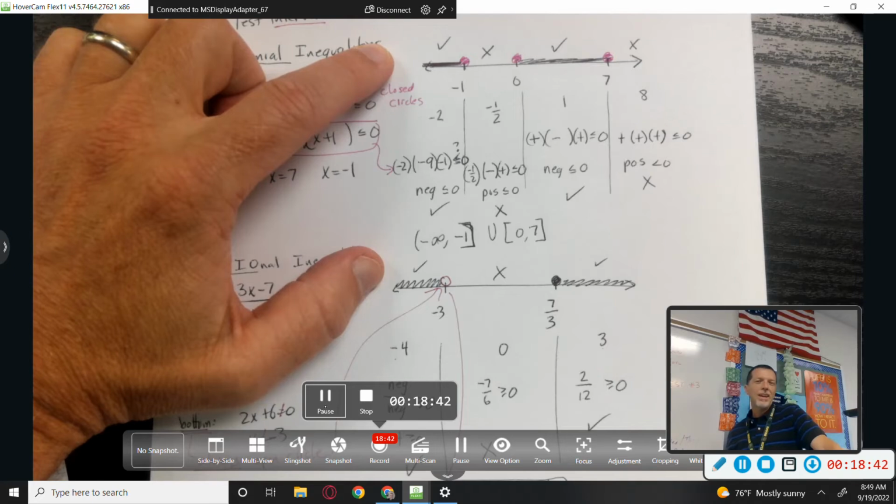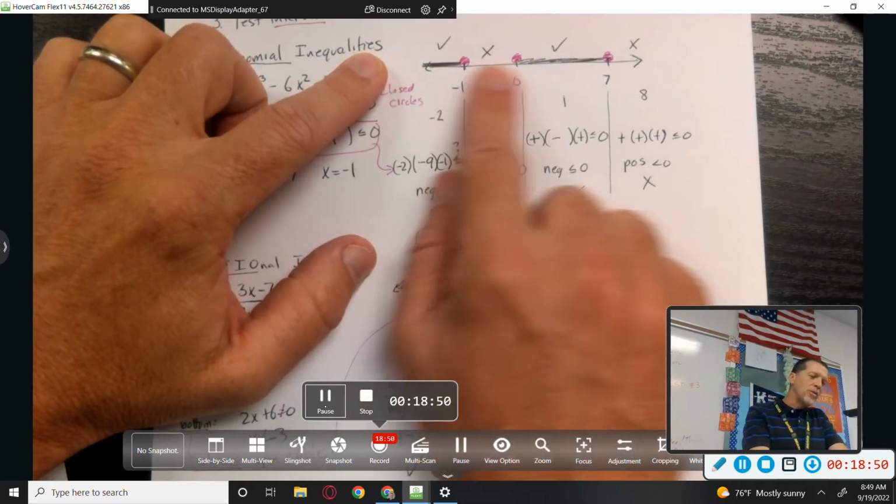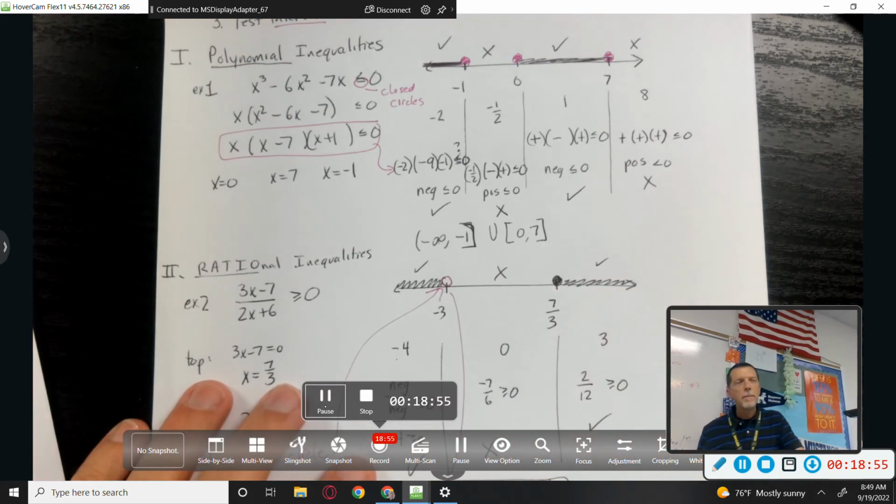Again, it's only two pictures, so it's hard to make any conclusions when you've only done two of these. Think about as you move left to right, what does the shading do?